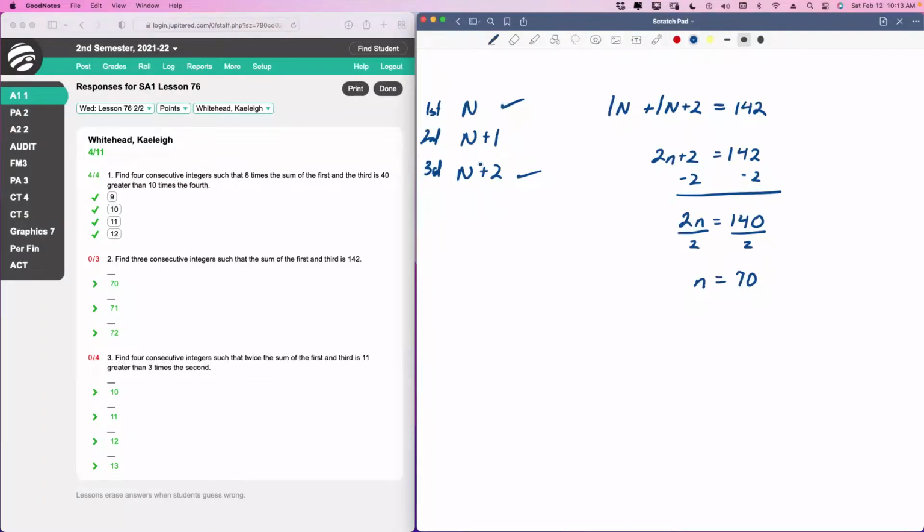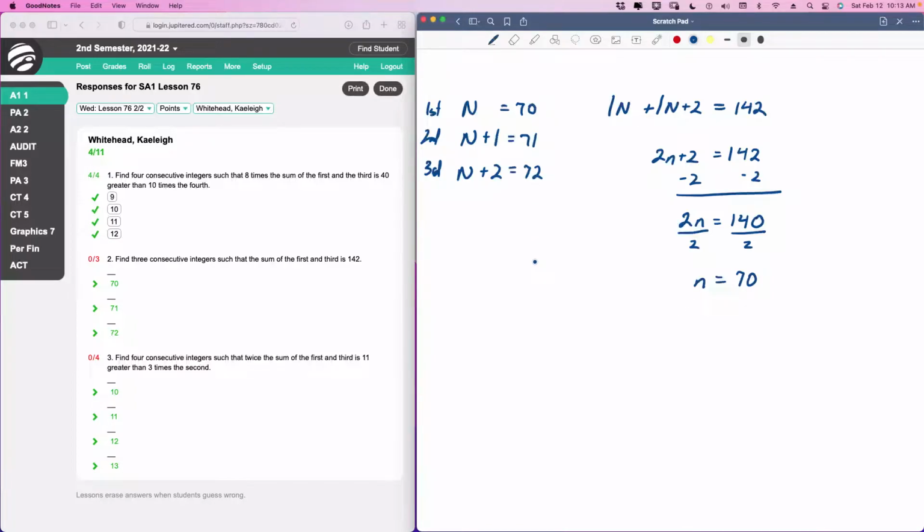Now that we know what n is, we can substitute it in. n is 70, n plus 1 is 71, and n plus 2 is 72. Those are our three consecutive integers.